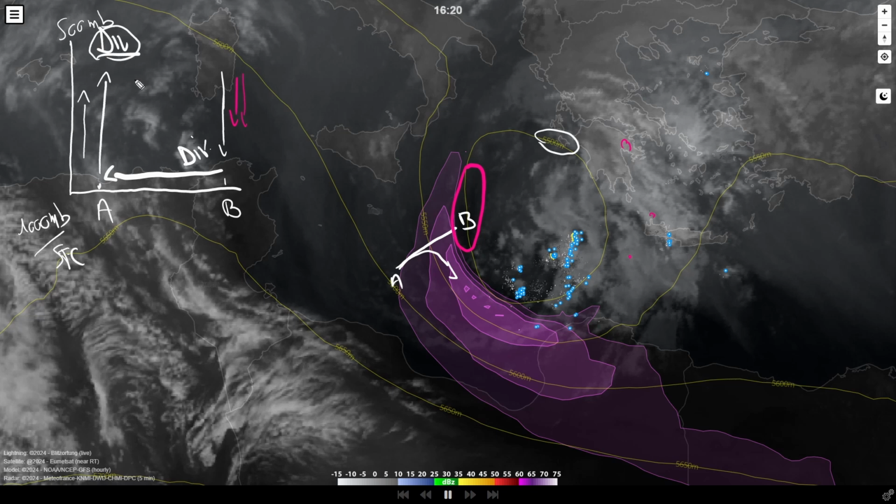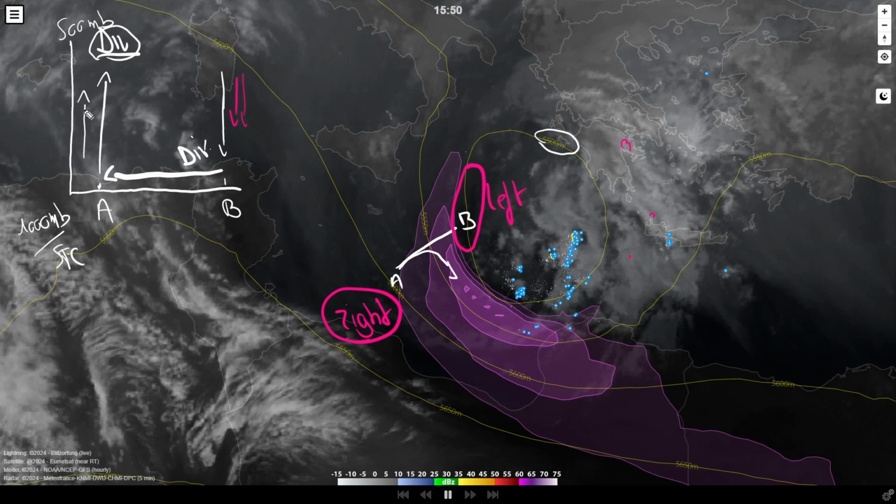So what you can actually see now is the right entrance region. This is the right entrance region, and this is the left entrance region. The right entrance region is an ideal location to start looking for upward motion.